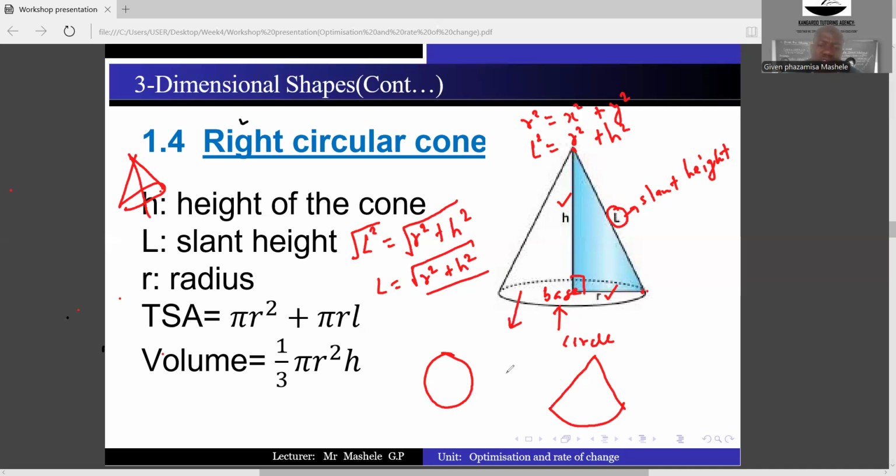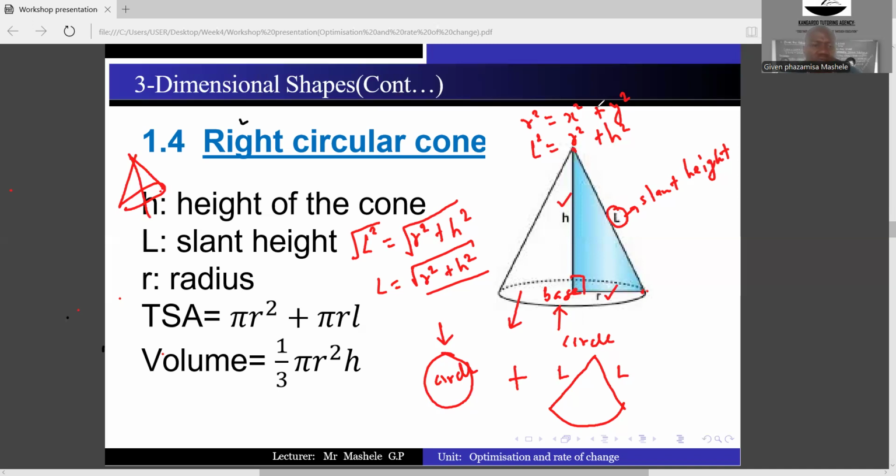So to determine the area of a cone, we take the area of a circle and we multiply by, okay, this is our slant height, the area of this sector actually.